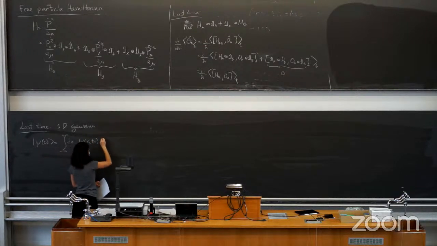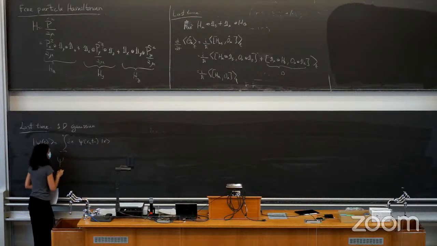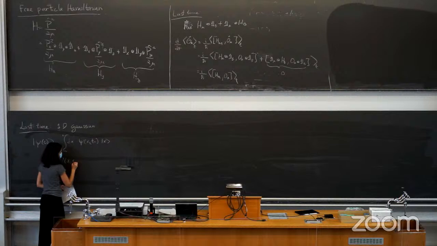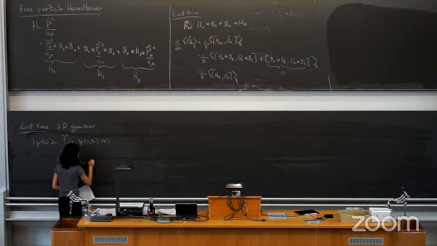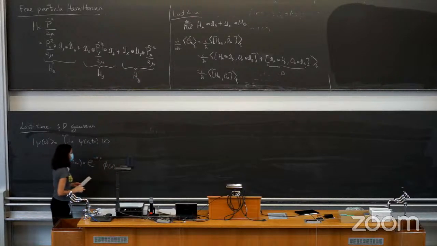This wave function is called a wave packet when it's of this form, e^{ikx} times some real function that's called the envelope function. So this is a wave packet.